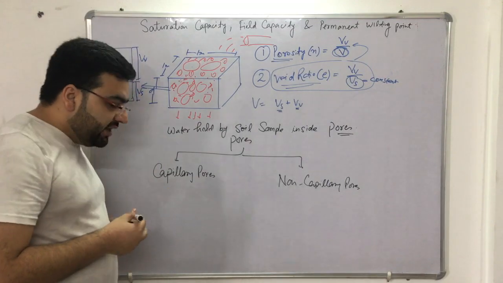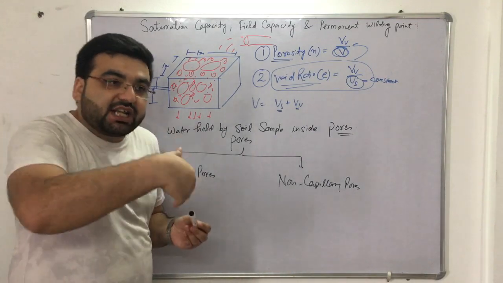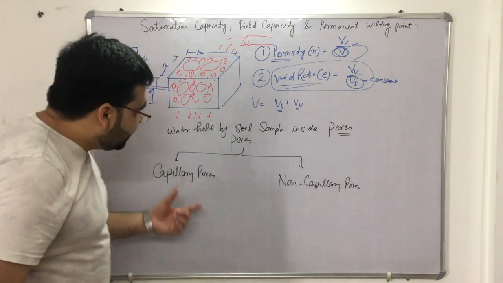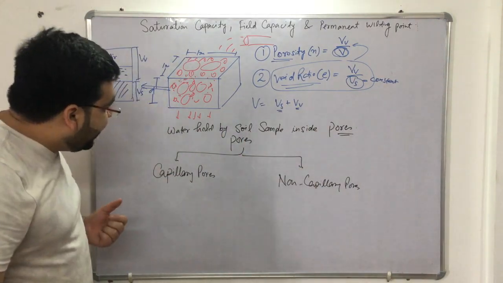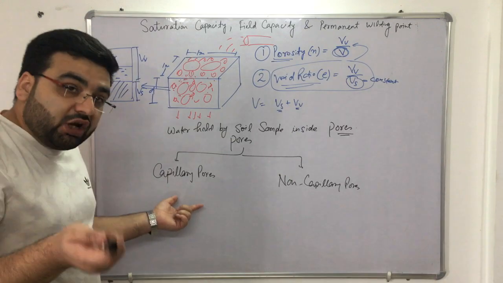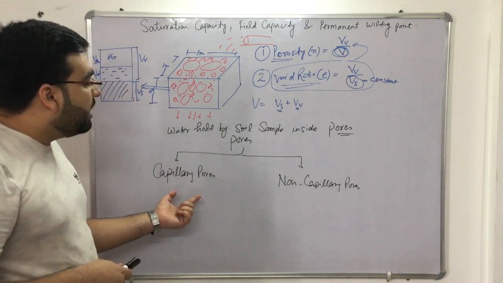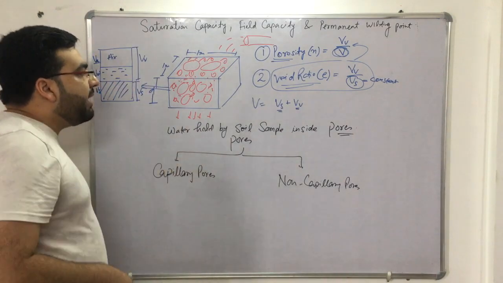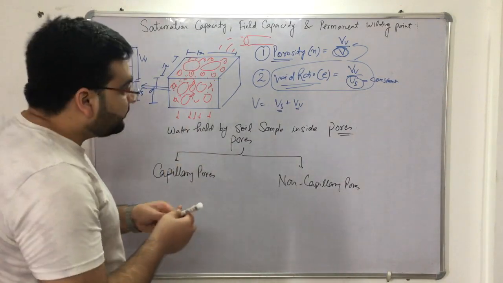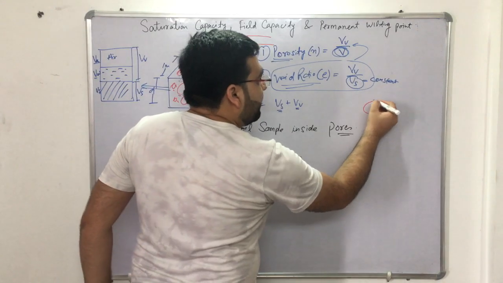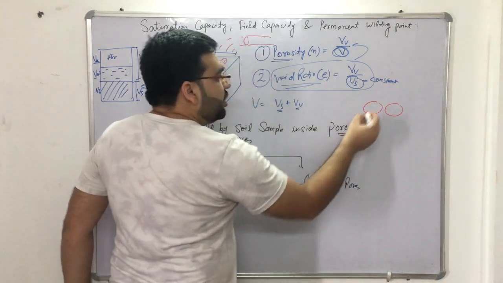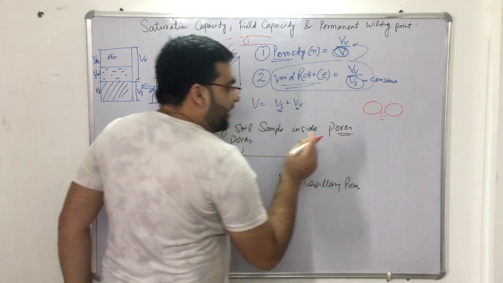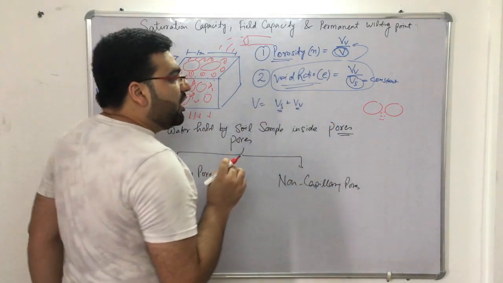You must have studied in your fluid mechanics, because I am relating topics, since in civil engineering every topic is related to one another, right? In fluid mechanics, and even in soil mechanics, you must have heard about capillary action. So what is capillary action? Let me remind you: suppose you have two soil particles, and you have water between these two soil particles.